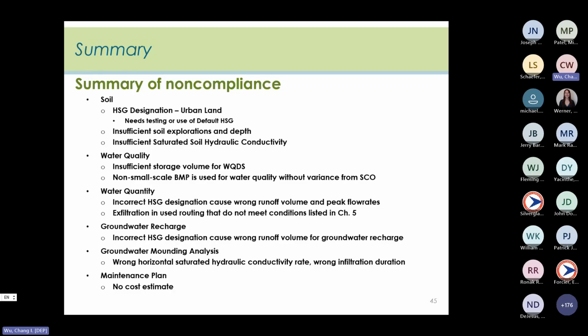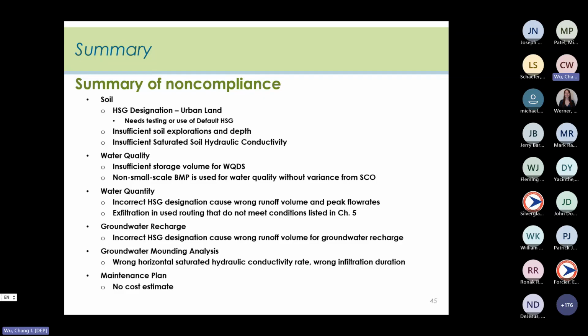granted from the township. For water quantity, they have the wrong hydrologic soil group designation, which caused the runoff volume and peak rate to be incorrect. They used exfiltration in some routings that should not be used, to meet the conditions listed in Chapter 5 of the BMP manual.